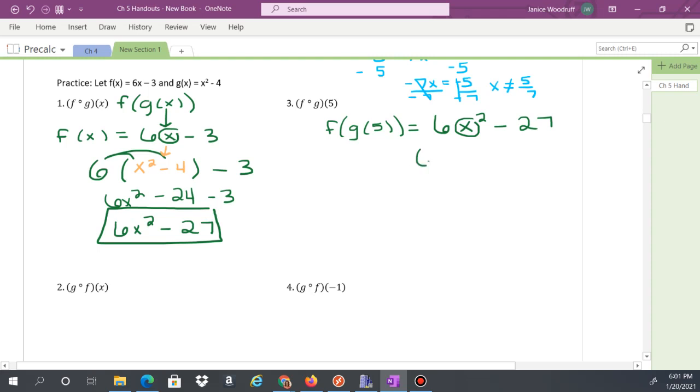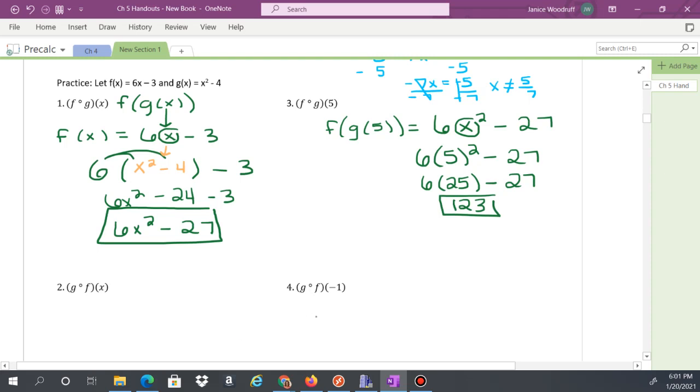So we would go 6 times 5 squared minus 27. And 5 squared is going to be 25. 6 times 25 is going to be 150. Minus 27 would give us 123.